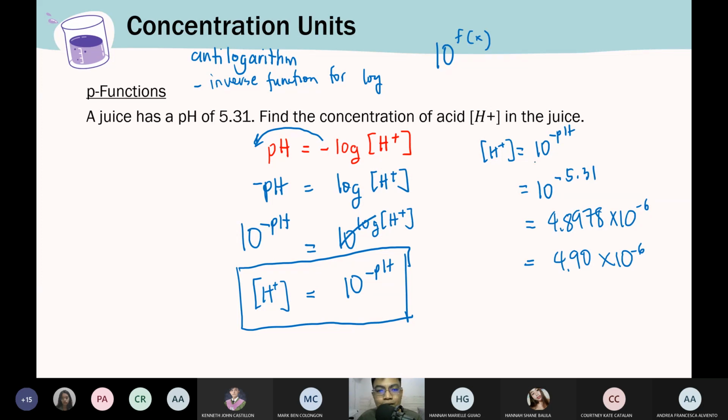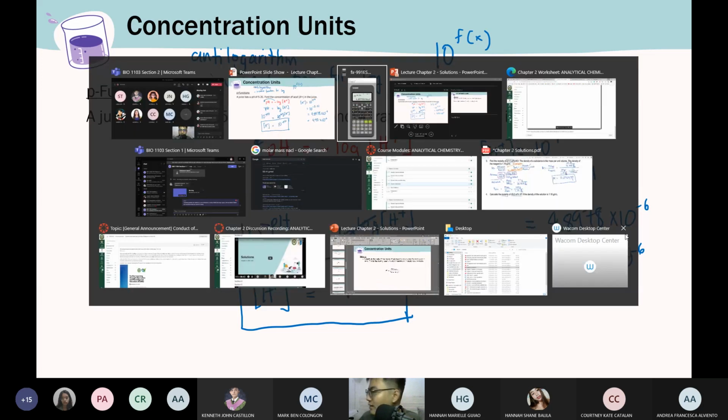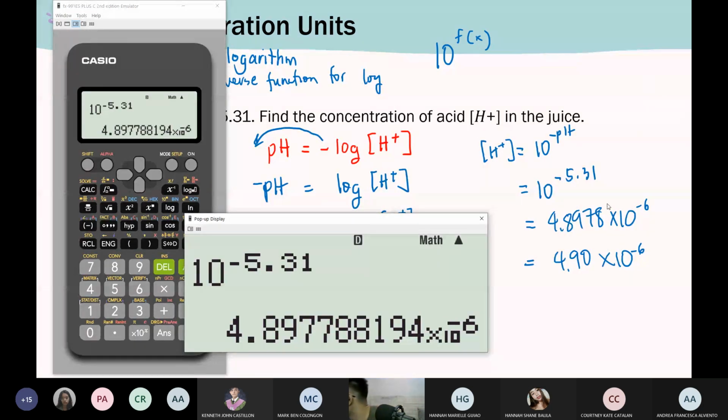Okay? So, yan. And, sir, ba't iba lumalabas sa akin? Paano mo siya pinindot sa calcu? Ayan din yun. Naka-scientific notation lang tayo. Move mo yung decimal point. 4.8978. Move mo na lang yung decimal point.